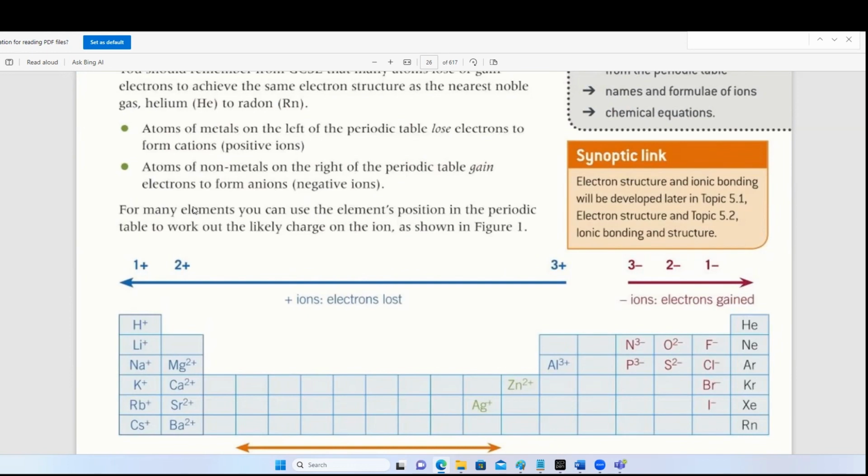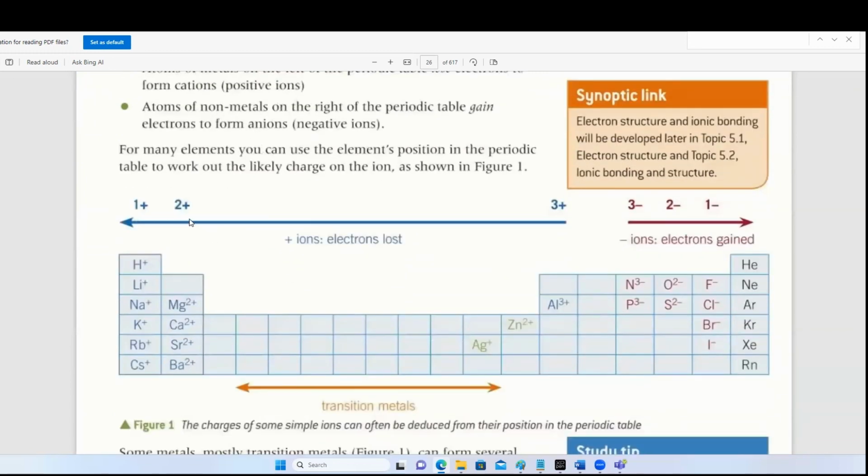So you already know something like fluorine or chlorine, the halides, or oxygen or sulfur, as shown here. For many elements, you can use the element's position in the periodic table to work out the likely charge on the ion, as shown in figure 1. So based on looking at the periodic table, you can guess if it is going to lose an electron or gain an electron.